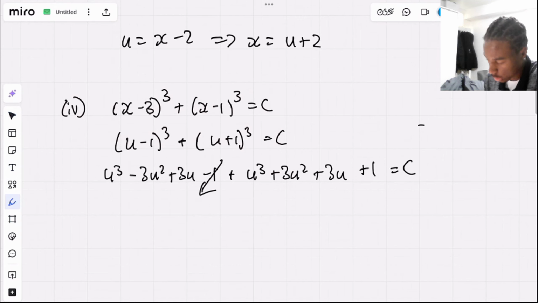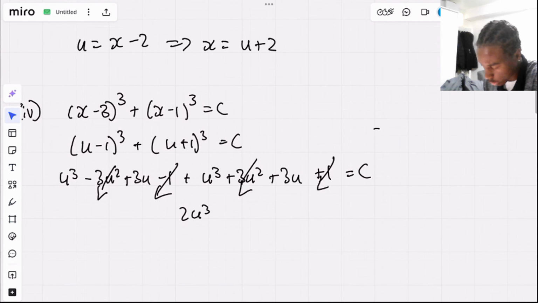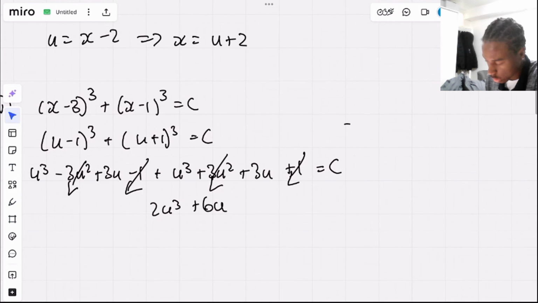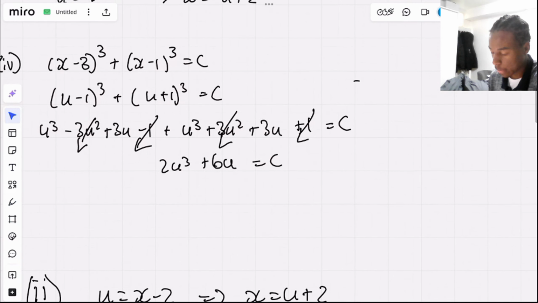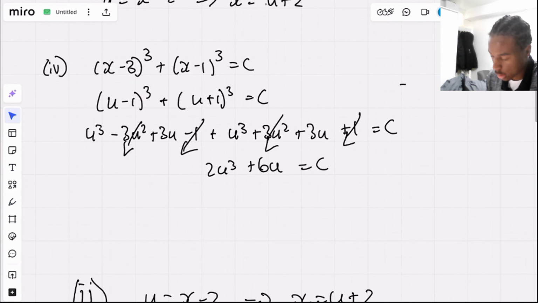Cancel, cancel, cancel, cancel. So we're going to have 2u to the 3 plus 6u equals c. Now we're going to consider 2u to the 3 plus 6u minus c as our function.